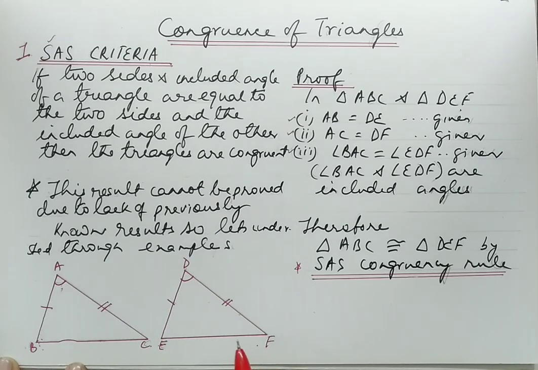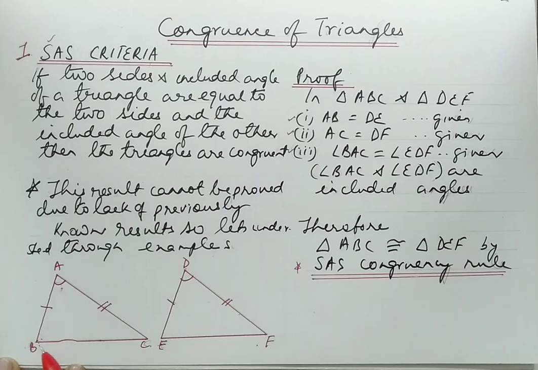So let's go ahead. For example, we have triangle ABC and triangle DEF. These are the two triangles drawn over here. Now we can see that they look exactly like each other, but seeing always doesn't help. We have to have concrete evidence, correct?